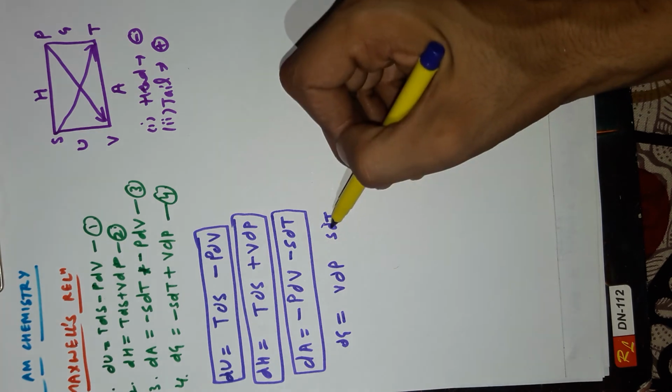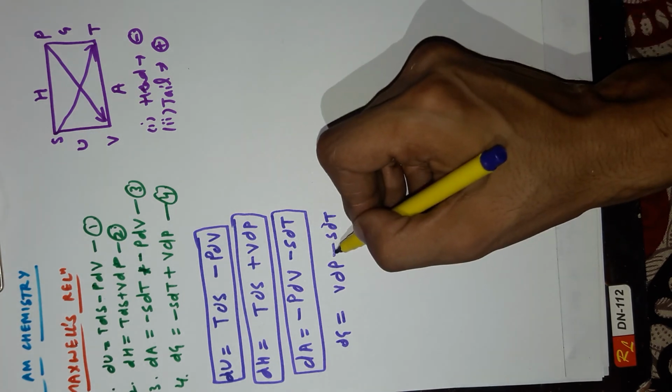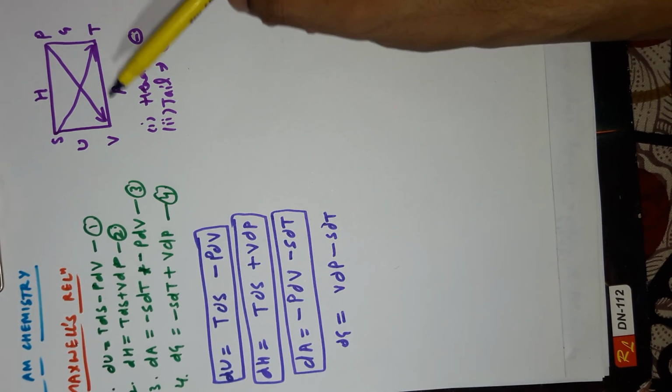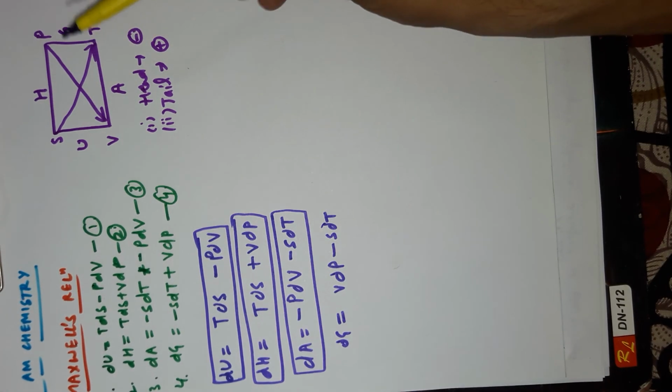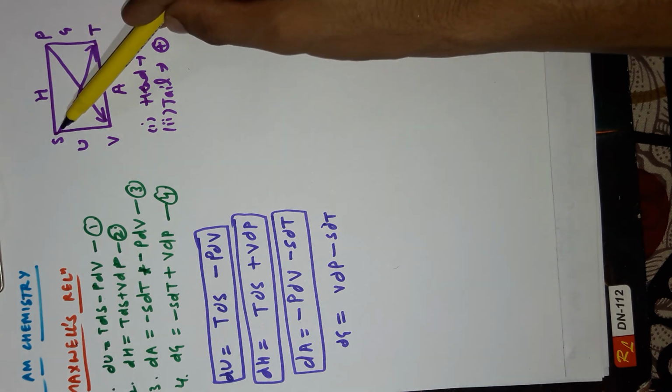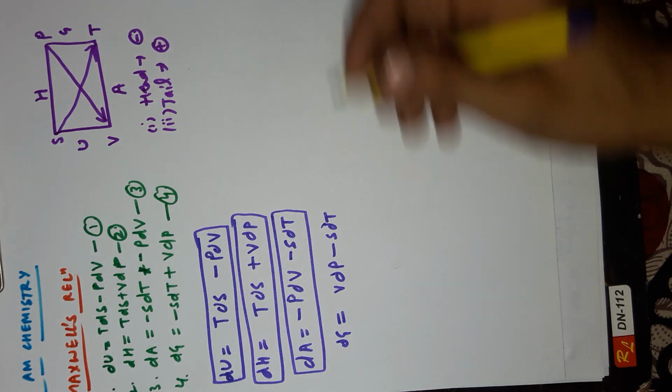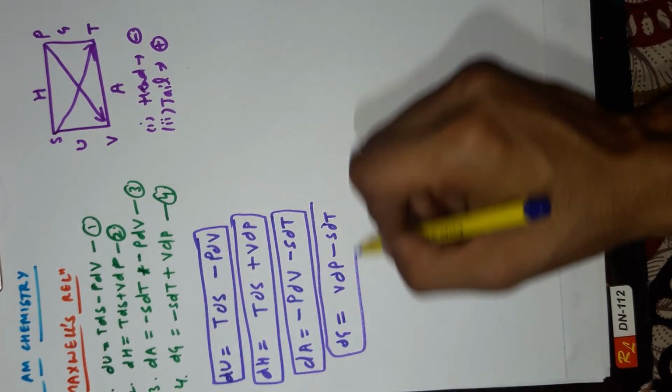It is VdP minus SdT. The minus sign comes because the entropy has the emerging arrow. Okay, so this is the fourth relation.